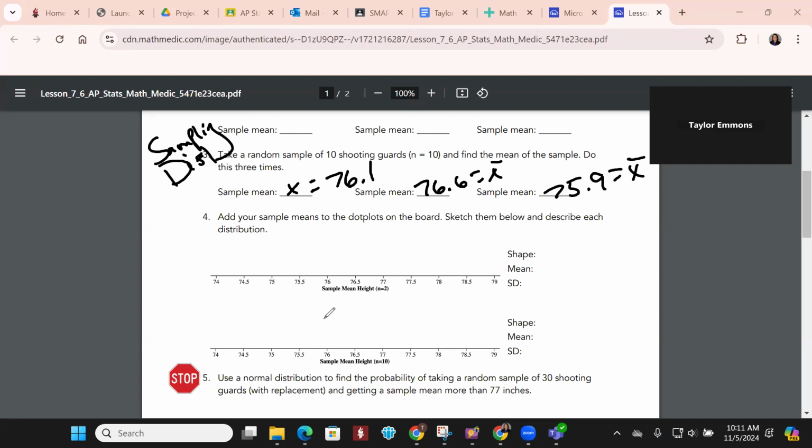So on the first one, this is all of the ones with n equals 2. So let's say that we ran this and then we graphed it. We would have something like this. So this would be skewed left.